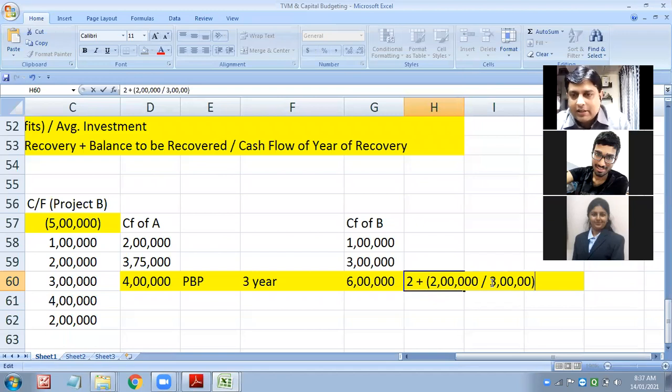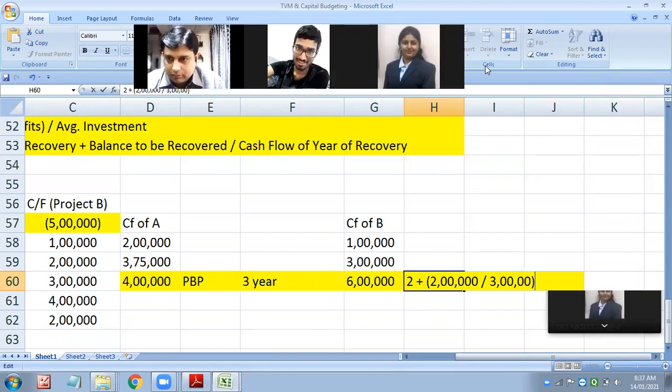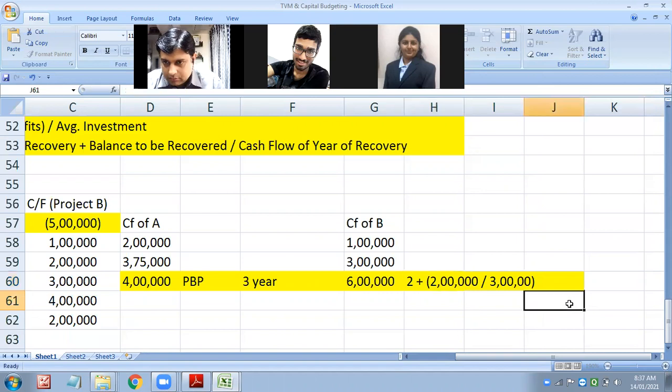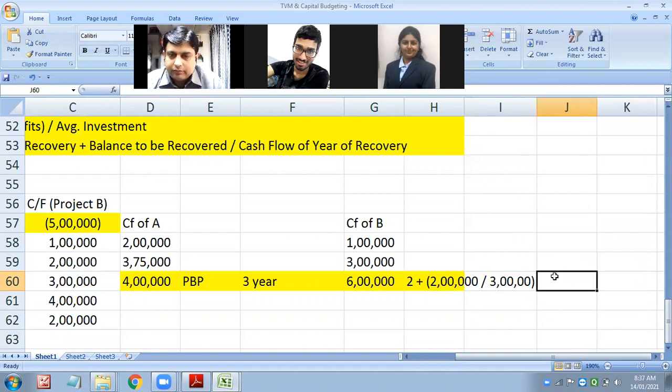Now can I have your answer please? Two lakh divided by 3 lakh. How much are you getting? Let me start my calculator.